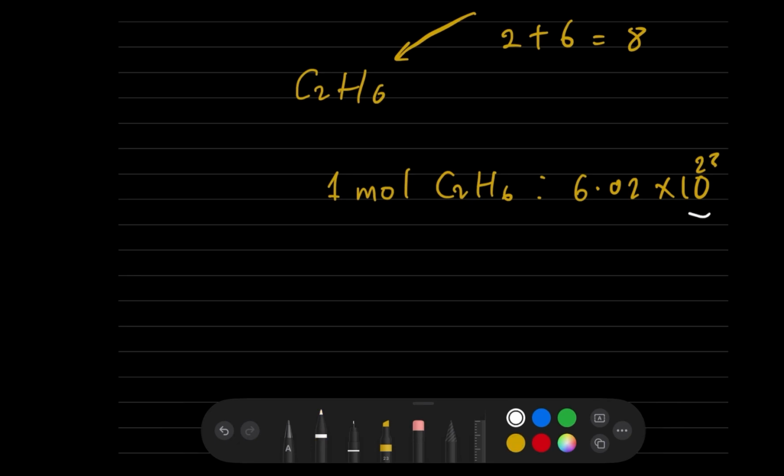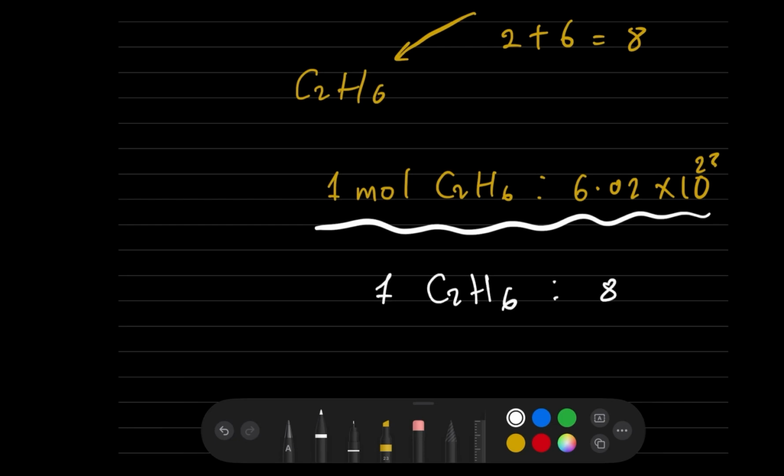But after doing this relationship, you have to say another thing, which says each 1 molecule of C2H6 contains 8 atoms. All right, so how many C2H6 do you have here? We have 6.02 times 10 to the power 23. And just do a cross multiplication as well.